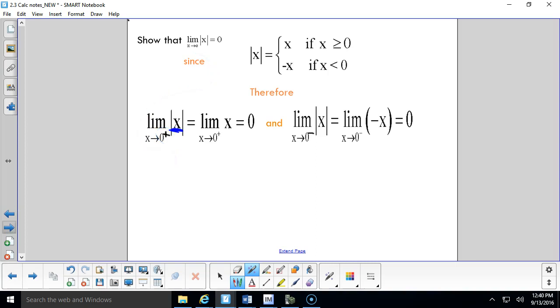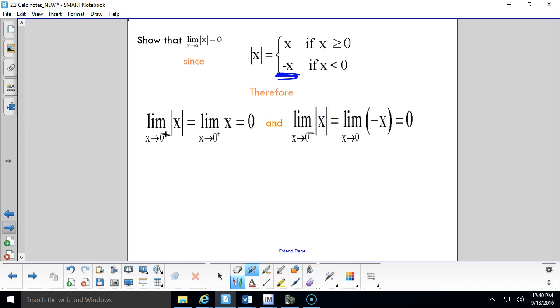It's positive, which is why suddenly the absolute value sign went away, because the absolute value of a positive number is just the number. Now let's look at what happens as I approach 0 from the left. The absolute value of x from the left, well, if this is a negative thing, then I have to take the opposite of that negative thing. That's the definition of absolute value.